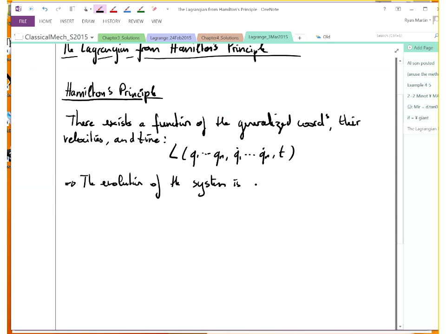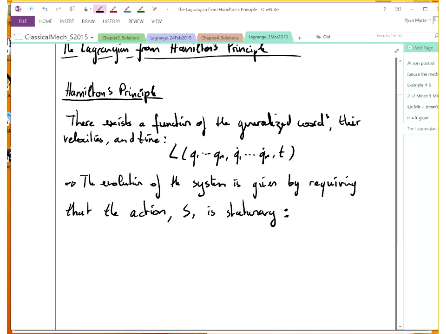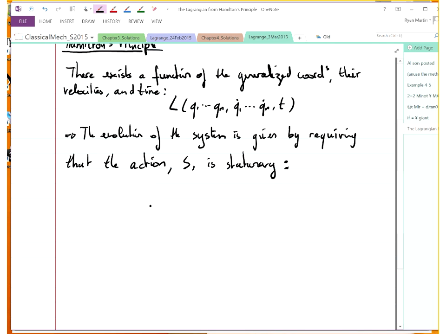The evolution of the system is given by requiring that the action S is stationary.